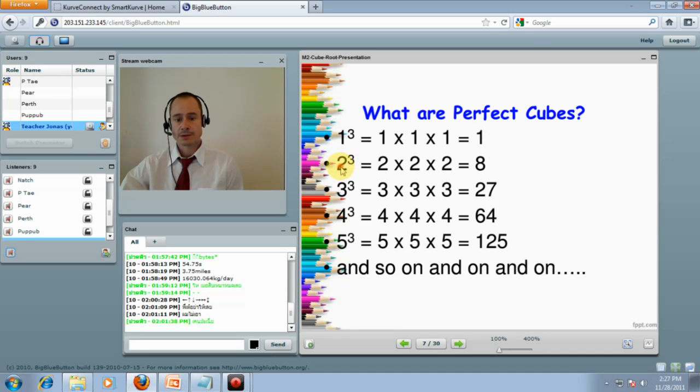Another example: 2 raised to the power of 3 is 2 times 2 times 2, and that is 8. And so on. You have 3 raised to the power of 3, that is 27, and so on. So all these are perfect cubes.